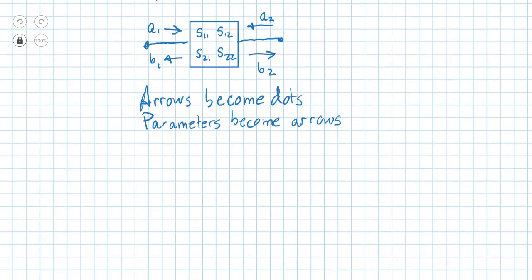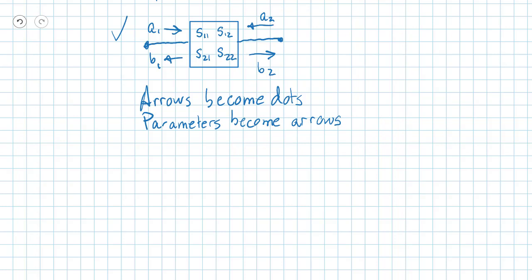If we take this 2-port S parameter device and make it into a flow graph, what we've got on the input is our A and B waves and their arrows. So those are going to become nodes or dots in our flow graph.